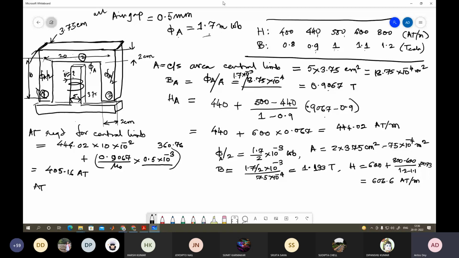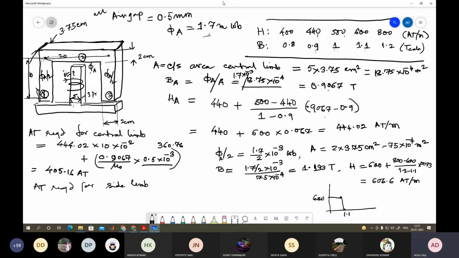Say if I draw in a graph, this is for 1.1, it is 600. This is 1.1, and then at 1.2, it is 800. This is the line joining these. So what will happen at 1.133? It is somewhere close to it. So what is that value? How can you find it out? This is 600 plus this slope into this delta change.